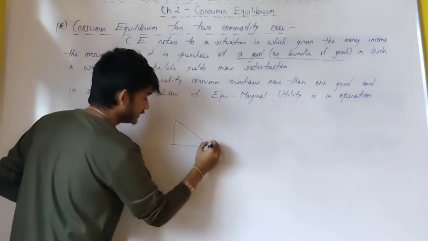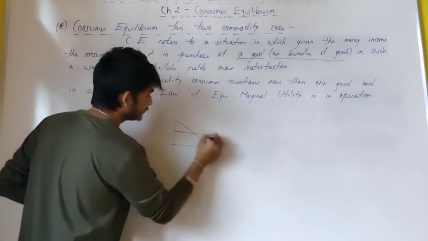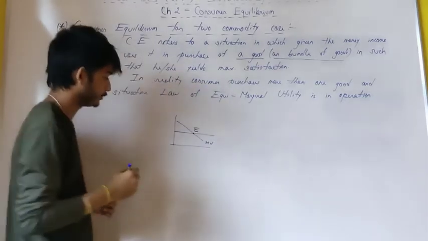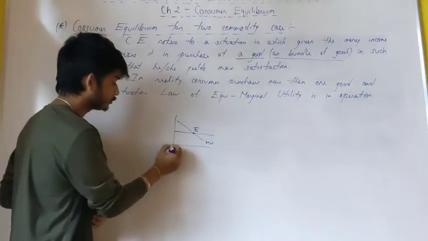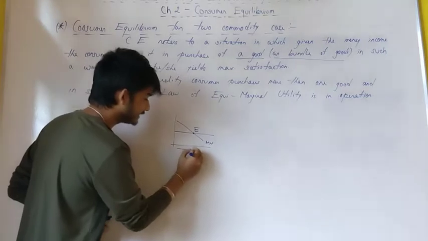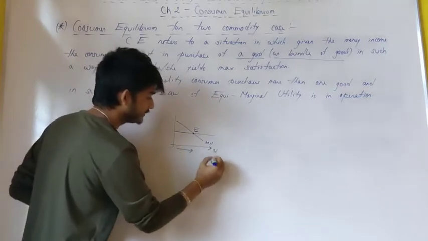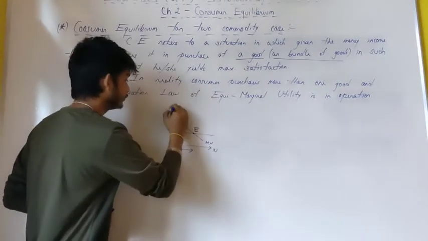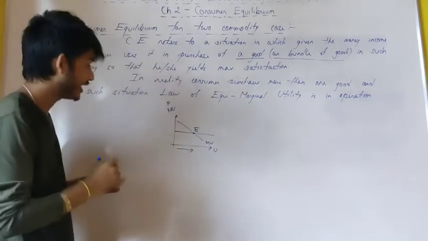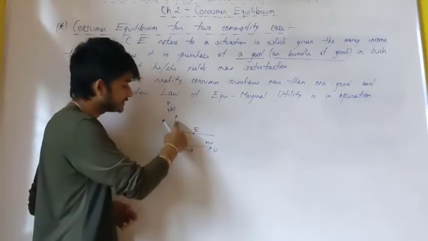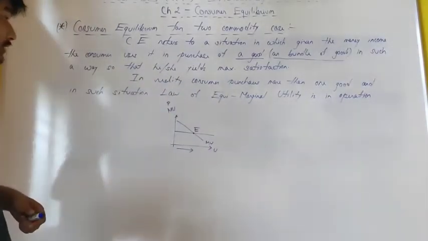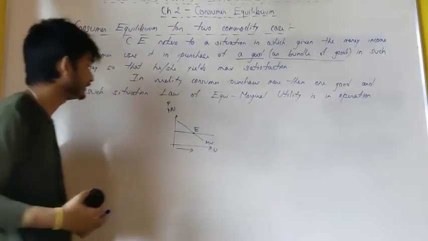This was our marginal utility curve, and that was our price line, and at this point was our equilibrium point. Here we have measured units and here we have measured marginal utility and price. So as the units consumed were increasing, the marginal utility for the commodity gradually decreased.